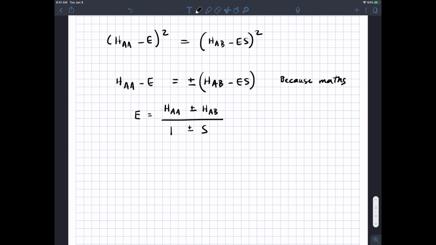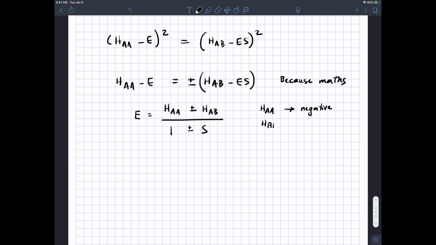So let's remind ourselves that HAA is a negative number representing the attraction of a nucleus to an electron plus the electron's kinetic energy. HAA is the starting line. If the 0 point is infinite separation of the electron from the nucleus, then HAA should be negative.